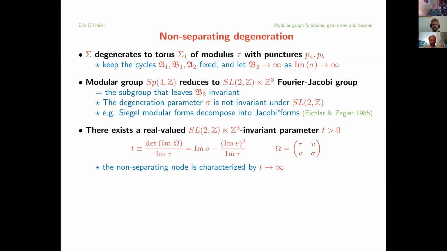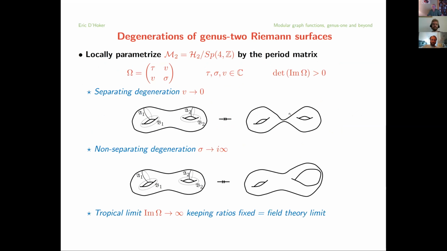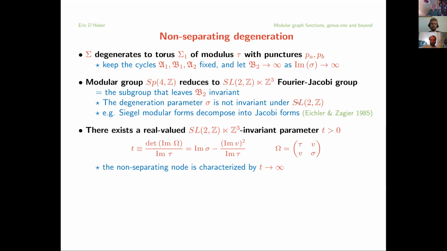And the degeneration parameter sigma, which you use to make this degeneration, is not invariant. So when you expand these modular graph forms or functions in powers of sigma, what you get are not invariants, but actually covariants. What you get are Jacobi forms for genus 1.